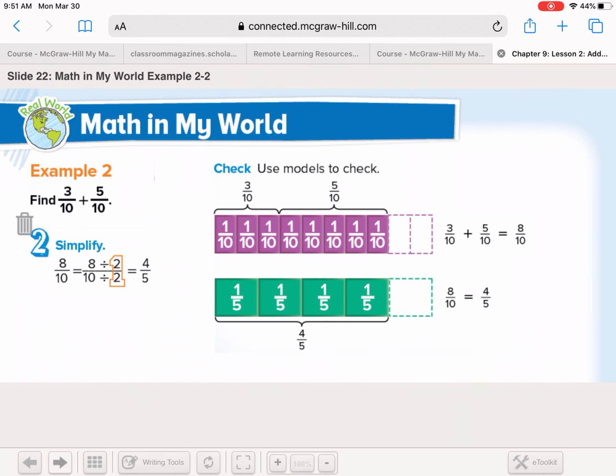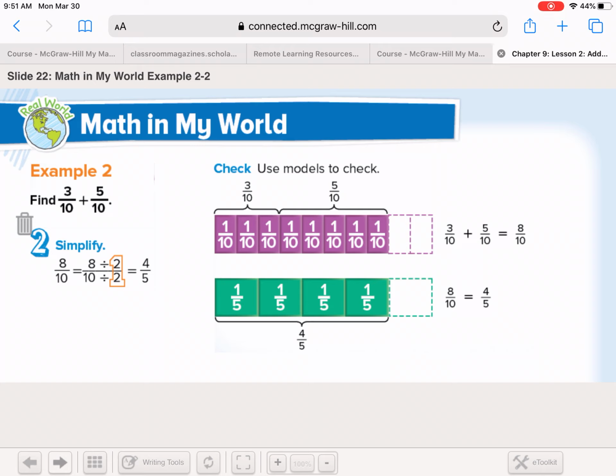All right, so again, they did the same thing. This is just another part of the example. Now they are using models. I honestly would not make you get out models to do addition and subtraction. The only reason they're using the models is to make you understand how to simplify.